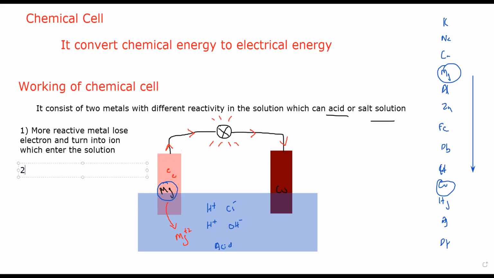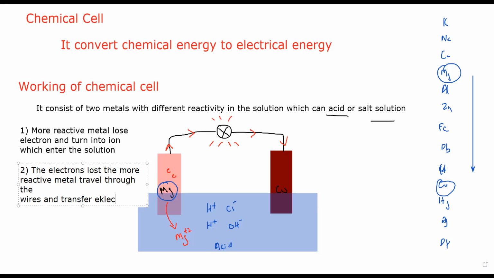So the electrons lost by the more reactive metal travel through the wires and transfer electrical energy.